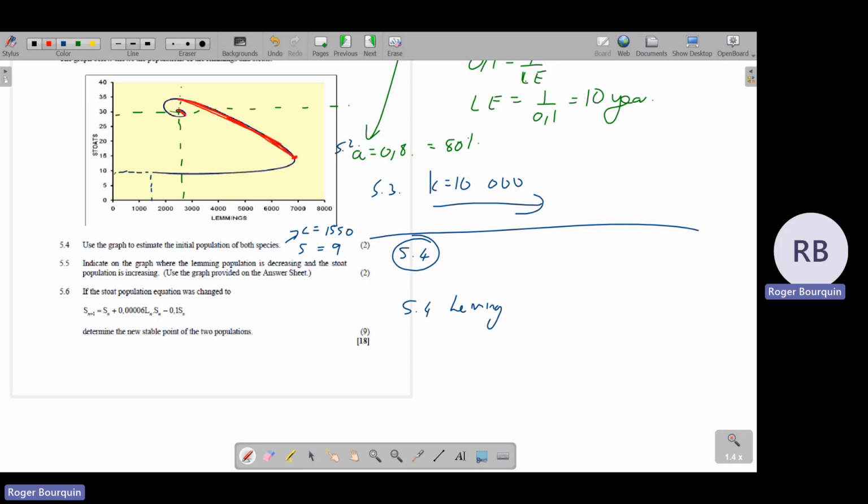Okay, now let's change the equation quickly. Everyone happy up to there?